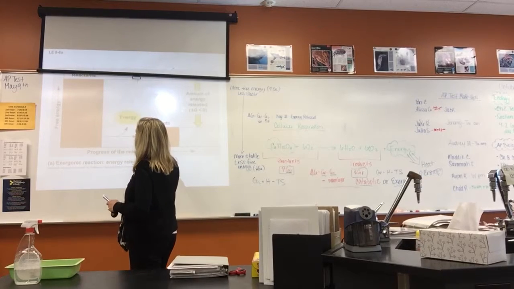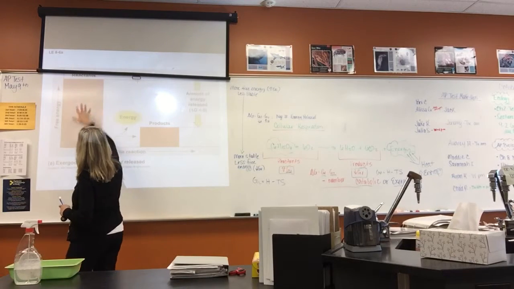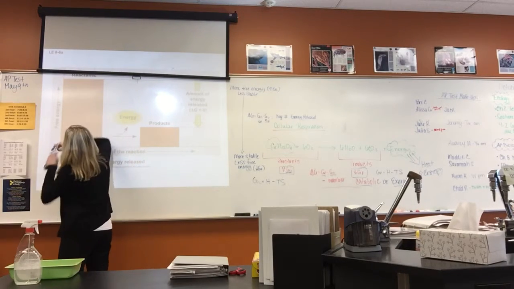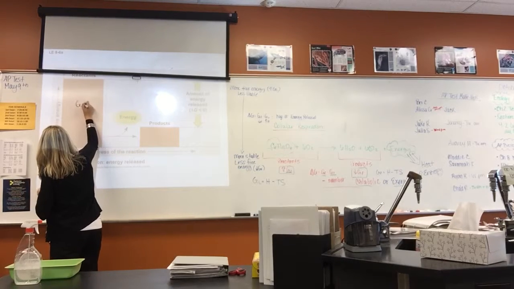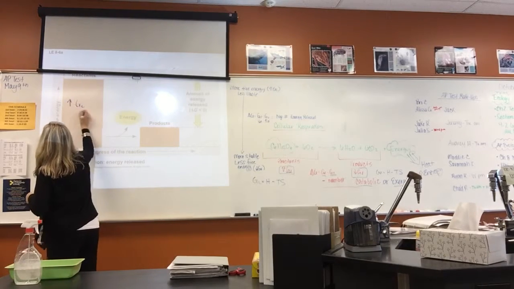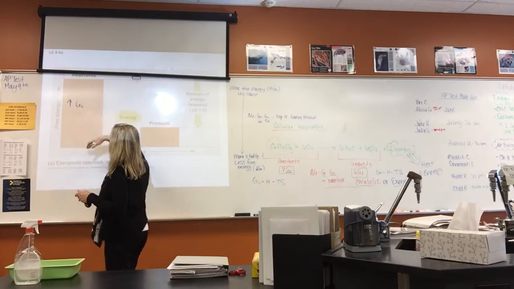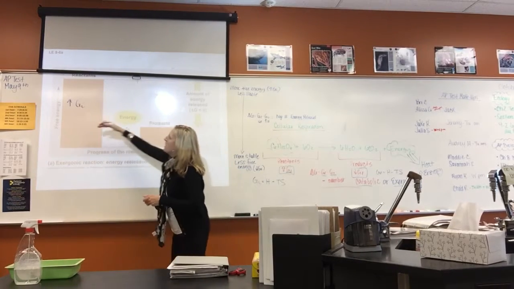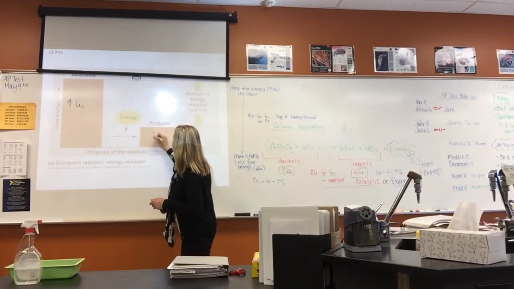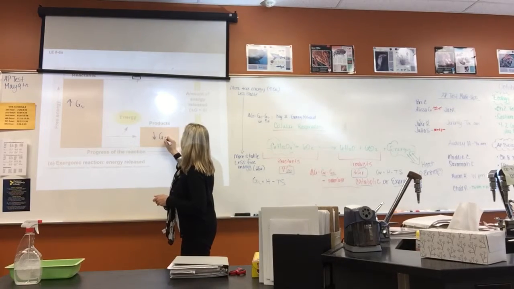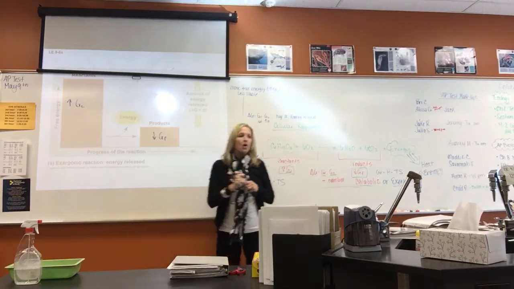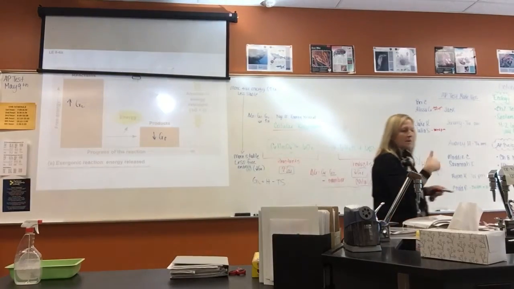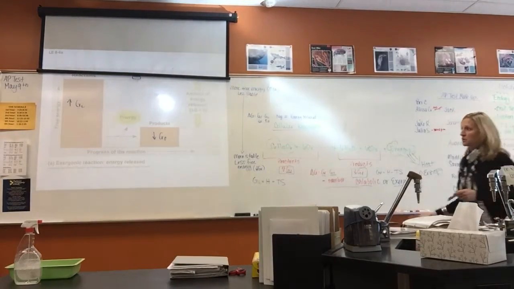And so why is it releasing energy? If we look here, your reactants have a lot of free energy. This is your G initial. So the free energy in your reactants is much greater than in your products. Your products have much less free energy, so the final is much lower. Remember our laws of thermodynamics: energy can be neither created nor destroyed.